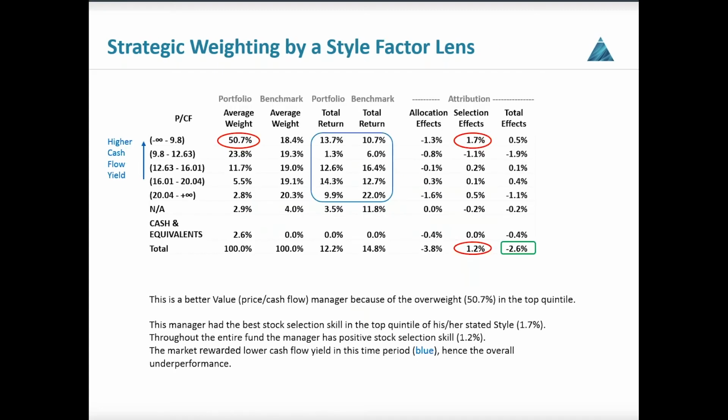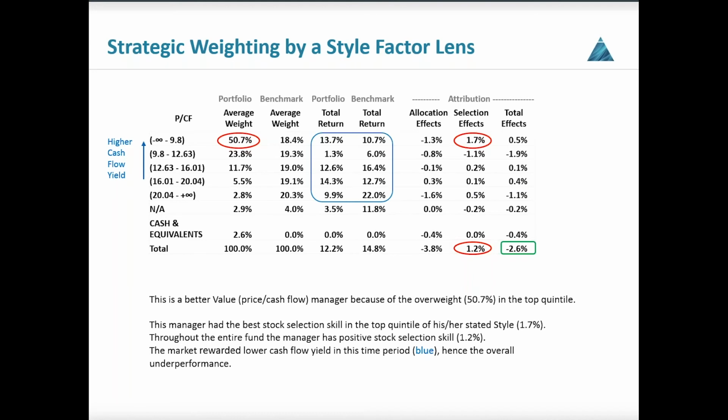Now we can look at the style-based performance attribution. Again, this report is taking cash flow yield, dividing the benchmark into equal-size quintiles, ranking by the cash flow yield. We can see here that over 50% of the portfolio is invested in stocks from the top quintile of cash flow yield. So the manager is doing what they say they do.